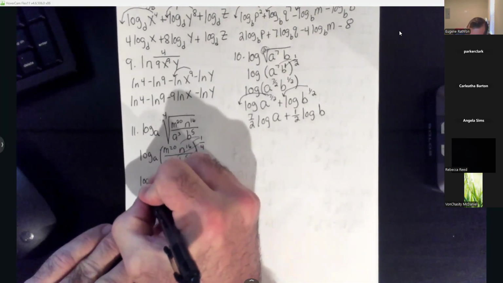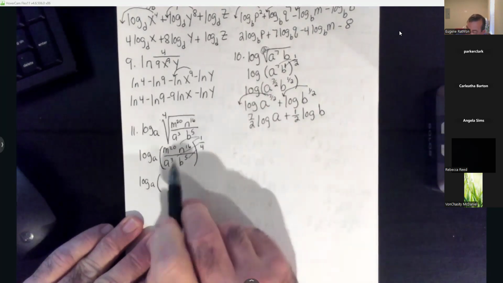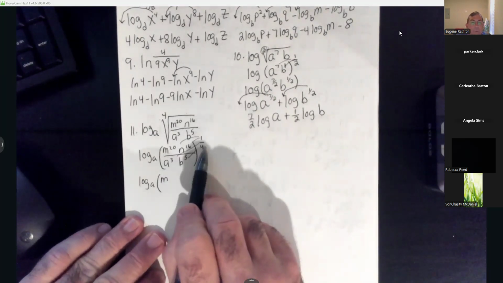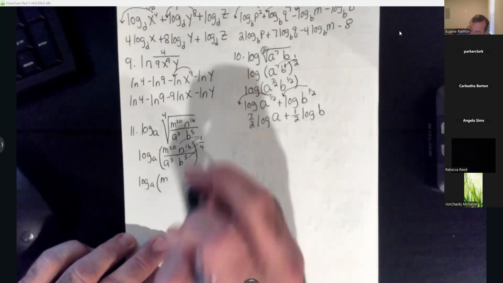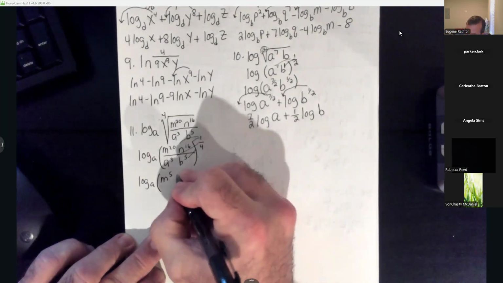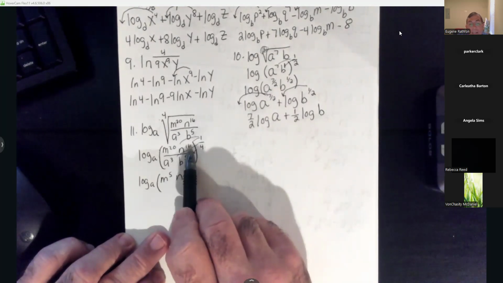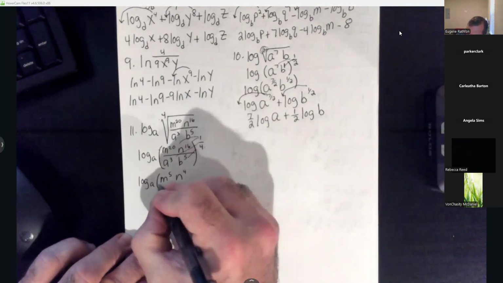So I'm going to bring down my log A. All right. On the M, 20 times 1/4 is like 20 divided by 4, which will give me an M to the fifth. On the N, 16 times 1/4 is like 16 divided by 4, which will give me a 4.